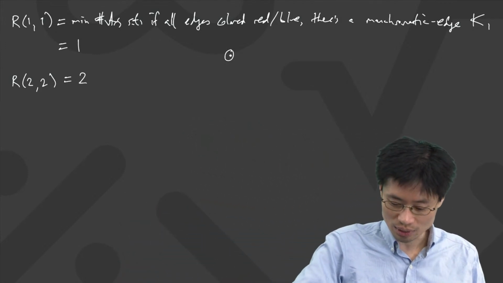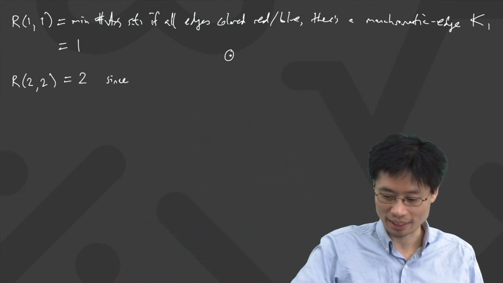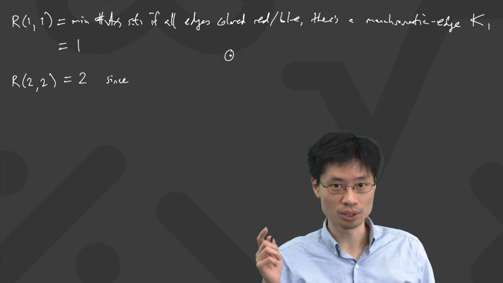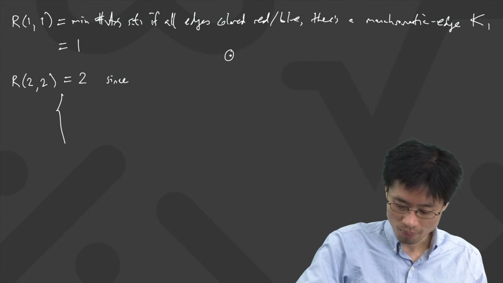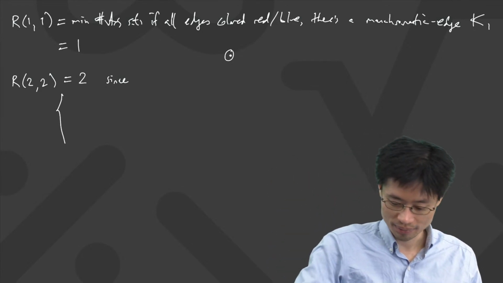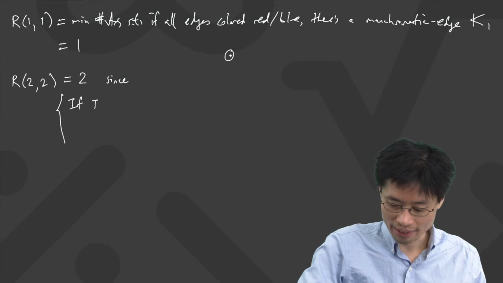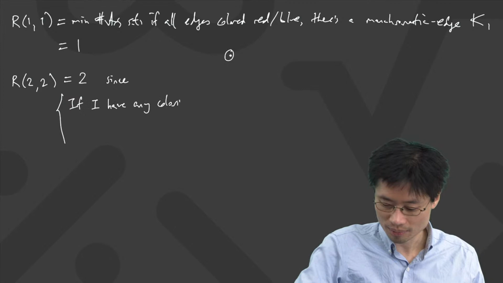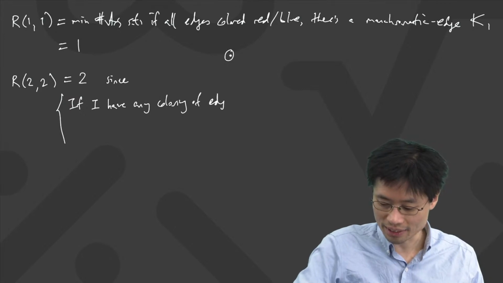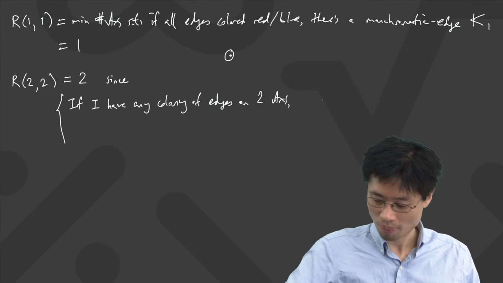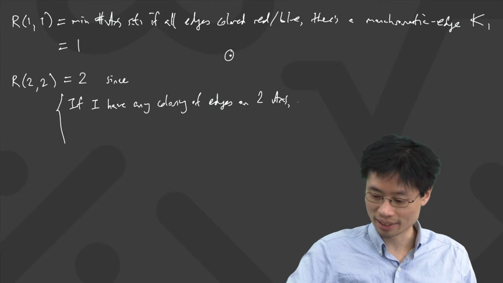It is actually 2, since now I'm going to say I have to show two things, right? In order to say that it's equal to 2, I need to say if I have 2 vertices and I anyhow color, if I have any coloring of the edges on 2 vertices, there's a monochromatic K2.